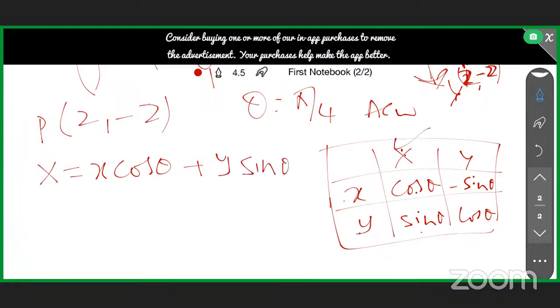I want the value of capital X. Now I want to know the value of capital Y. Capital Y is equal to minus x sin theta plus y cos theta. We have used this earlier also. I explain this tabular form so that you do not get confused about when to use capital X, when to use small x, and so on.